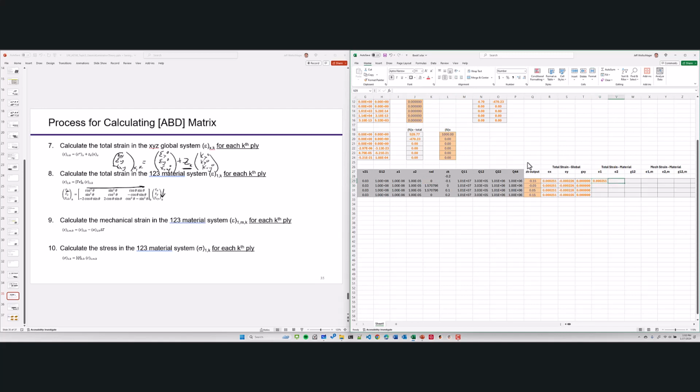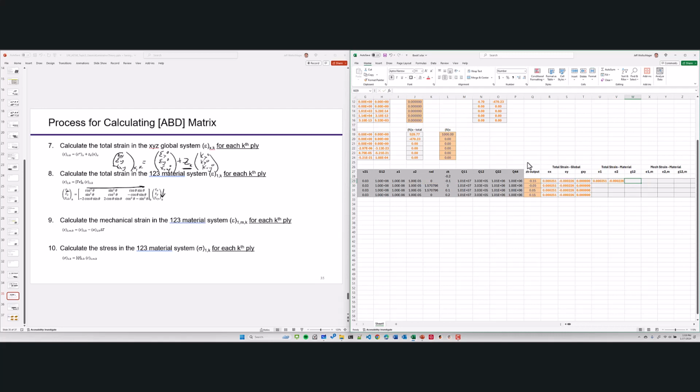Again, this is the second, so it's going to be equals to EX times the sine of theta raised to the 2 plus EY times the cosine of theta raised to the 2, and then minus gamma XY times the cosine of theta times the sine of theta. Okay, that's good.